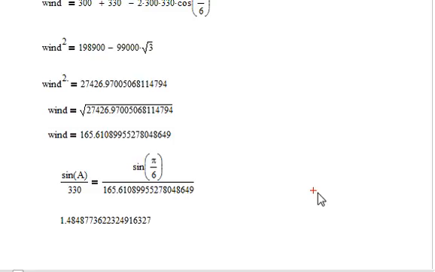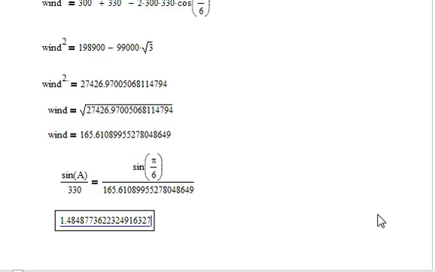I got A as 1.484 and so on. Does anyone see a problem with that? Yes, I see a problem. We know we don't have a 1-degree angle. Of course, your software is always in radians.